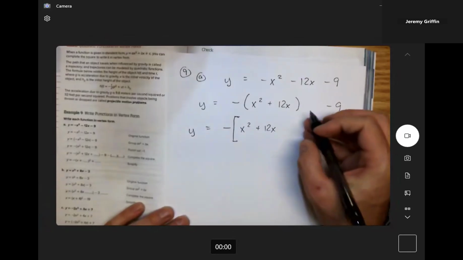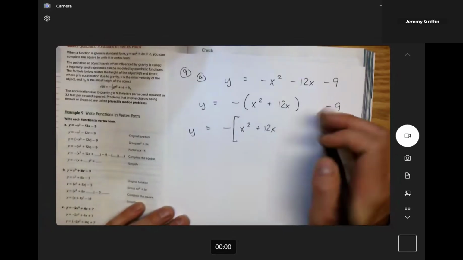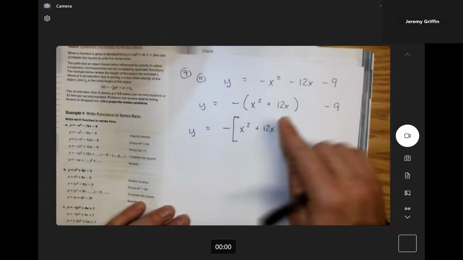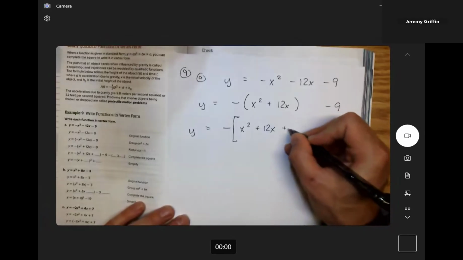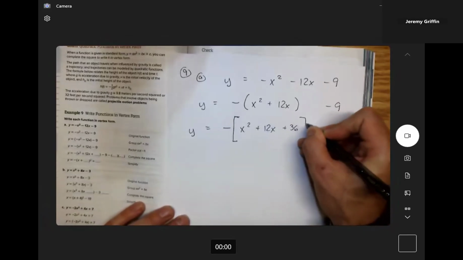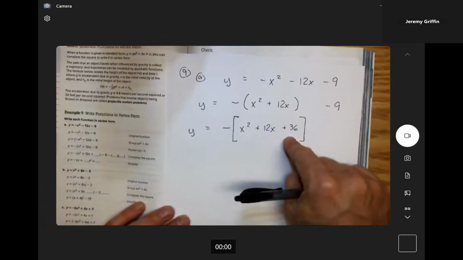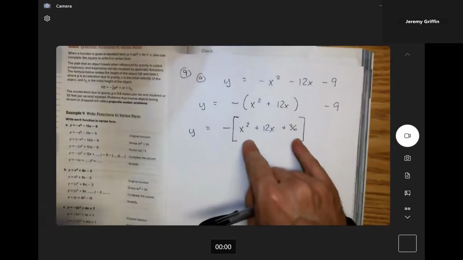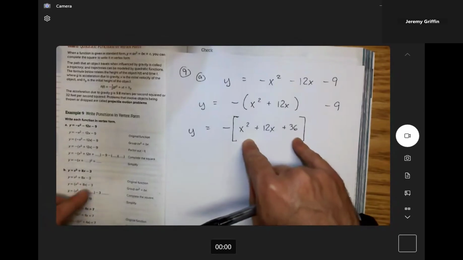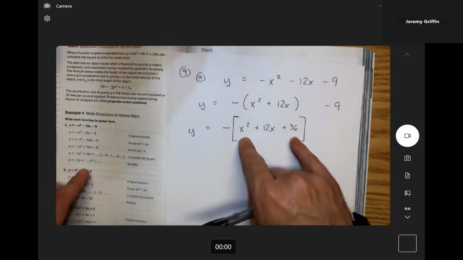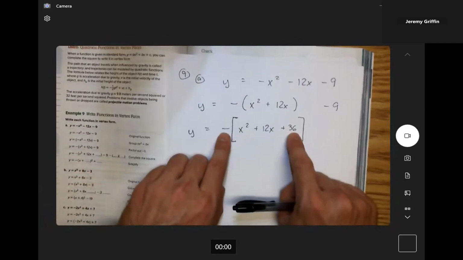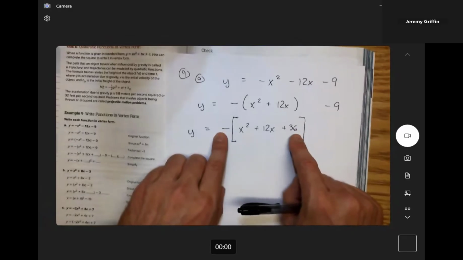If only I had a plus 36, because half of 12 is 6, and 6 squared is 36, then everything in brackets would be perfectly squareable. You could write that as a square of two terms. But now I have a negative 36 excess.